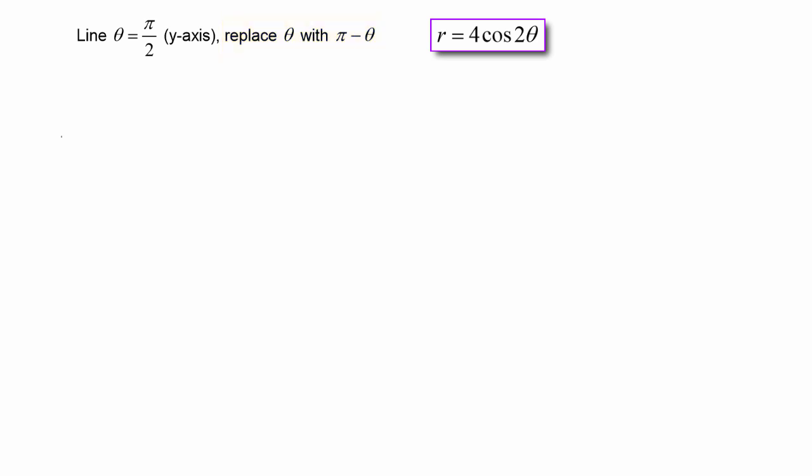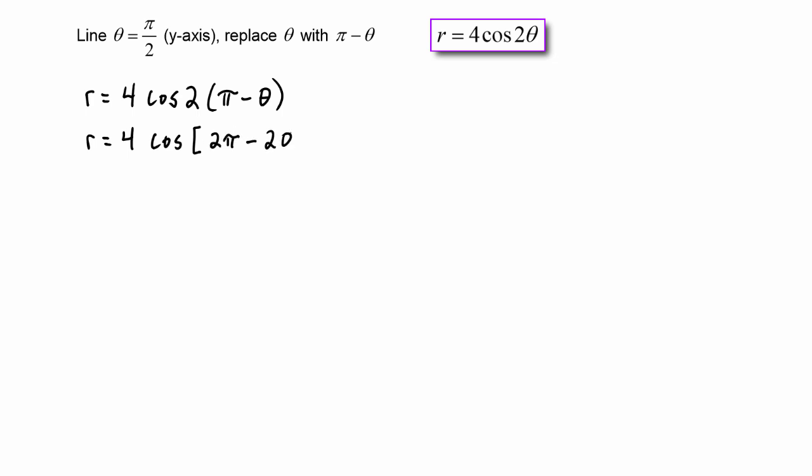So then the polar equation becomes r is equal to 4 times the cosine of 2 times pi minus theta, which is r equals 4 times the cosine of the quantity 2 pi minus 2 theta.